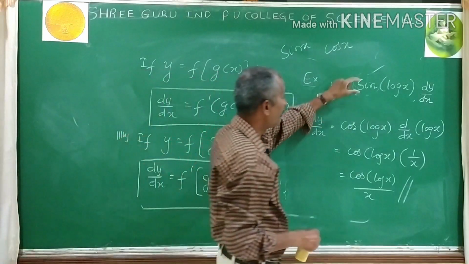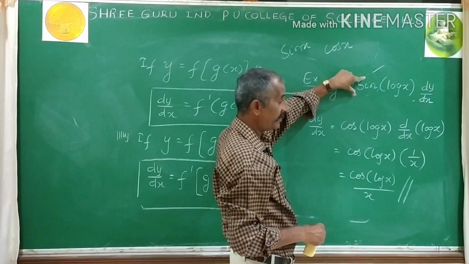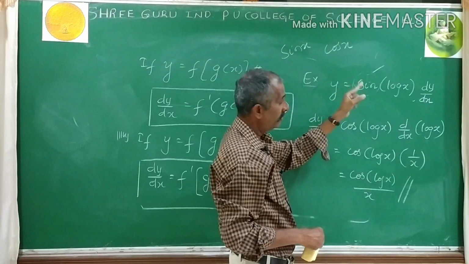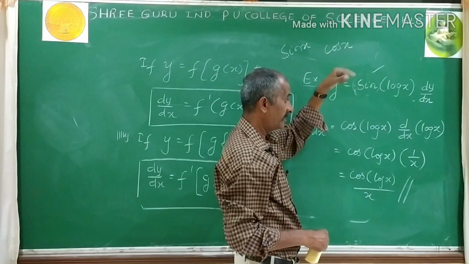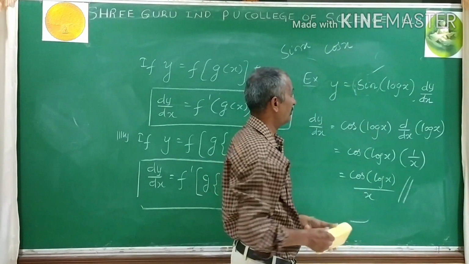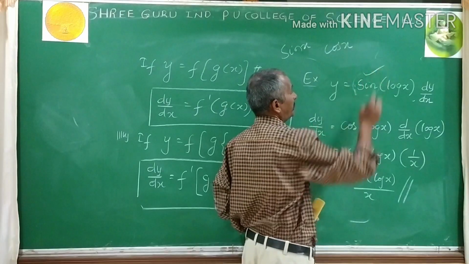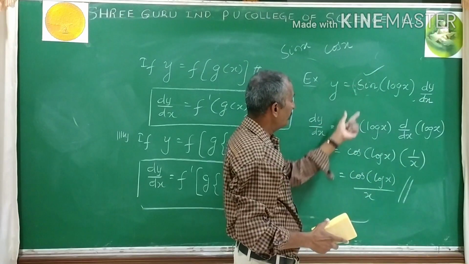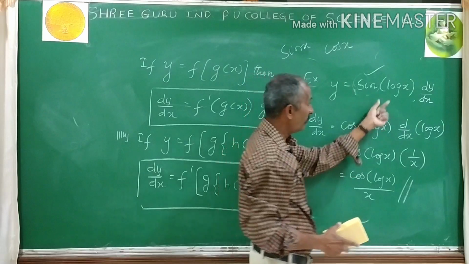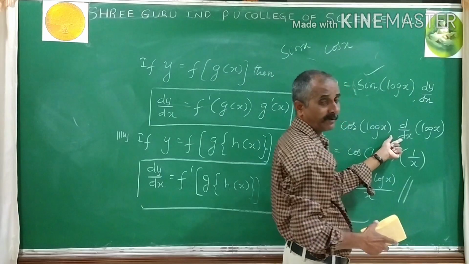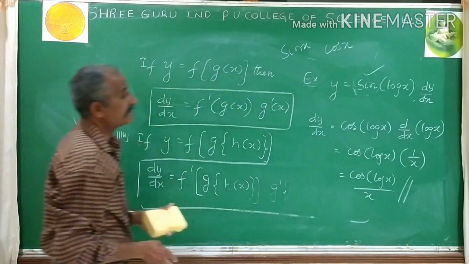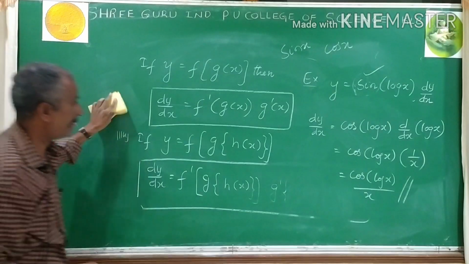Which function comes first should be taken into account, followed by the next function, and so on. Here the sine function comes first, so its derivative is cos, followed by the log function, whose differentiation is 1 divided by x. Let's have another example.